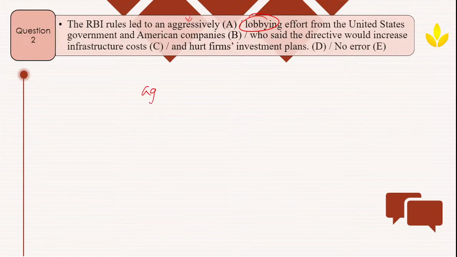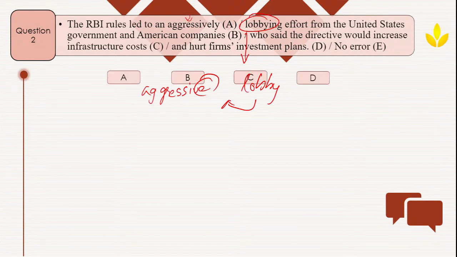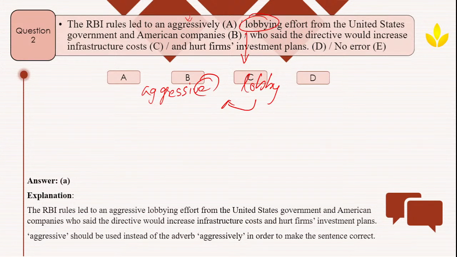Led to an aggressive lobbying. The word form error is given here. Aggressive lobbying is the correct one. So lobbying itself is definitive. You don't need an adverb. What kind of lobbying they did, it is not about that. So your explanation is given in the sentence. You can look at it.